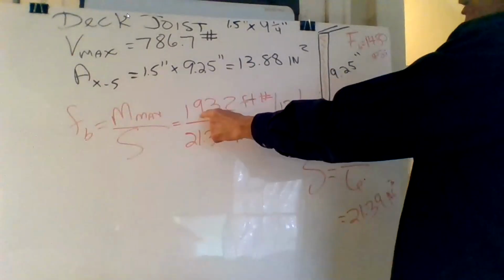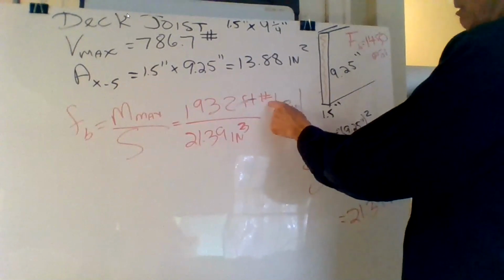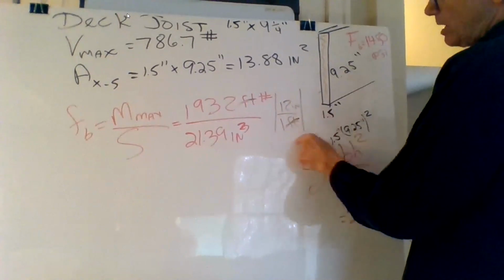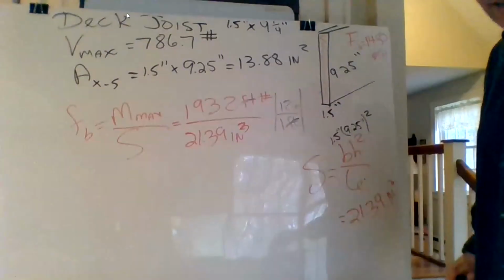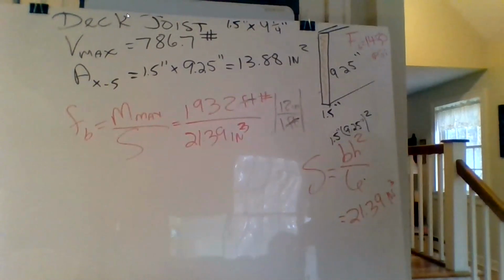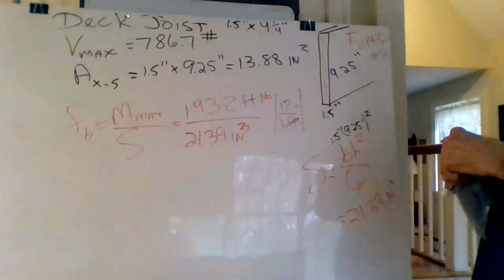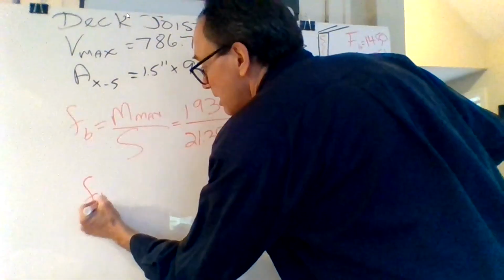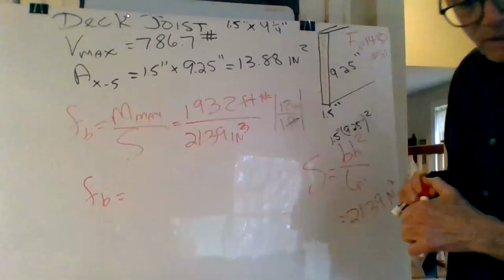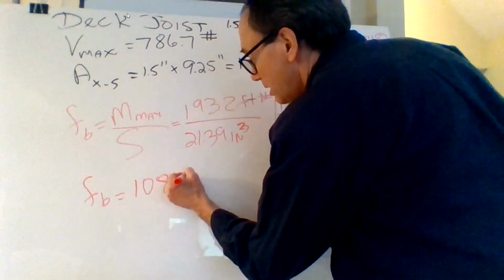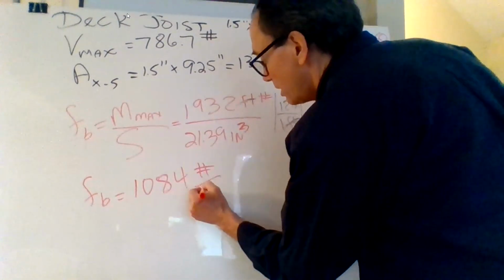So now it's 1932 pounds-inches, times 12, divided by 21.39. Little FB is equal to 1,084 pounds per square inch.